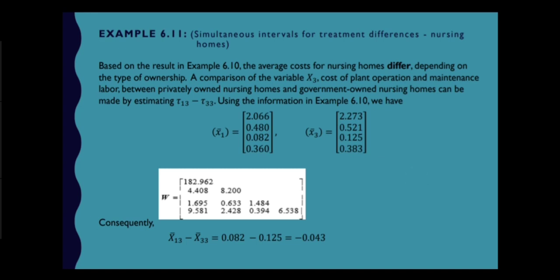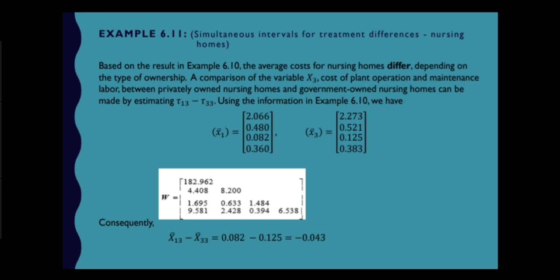So for example 11 ni, dia kata a comparison of variable X3, which is the cost of plant operation and maintenance labour between private owned nursing homes and government. Private and government means that, kalau you refer dekat page 306, means that we want to see the difference between the first population and the third population for third variable.